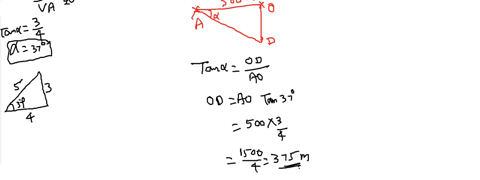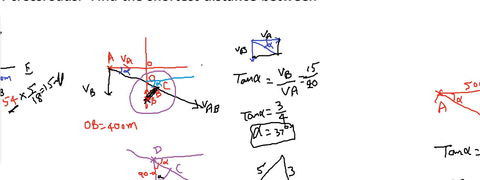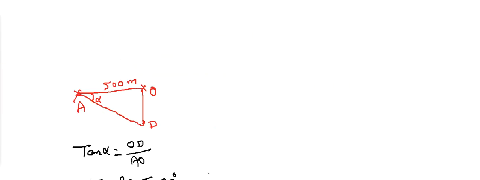So in the original figure, this is O. From O to B, it is 400.